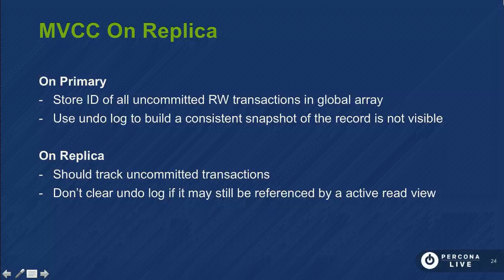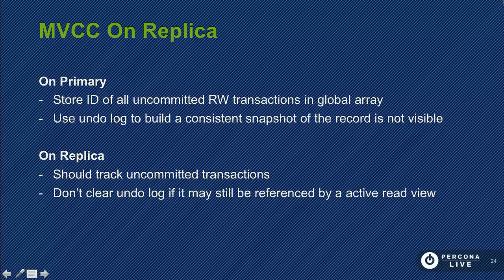While processing a query, it uses it to decide which data is visible or not. If a record in the table space is not visible, it will track the older version of this record from the undo table space to build a consistent snapshot.